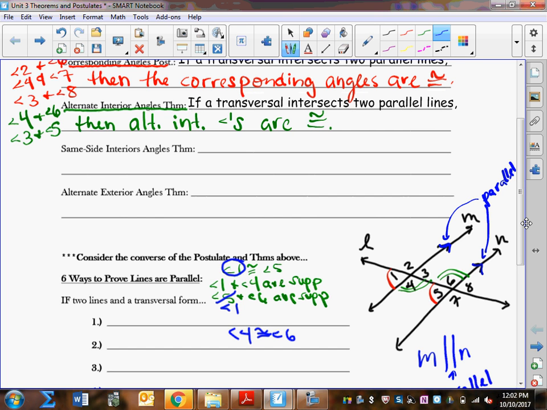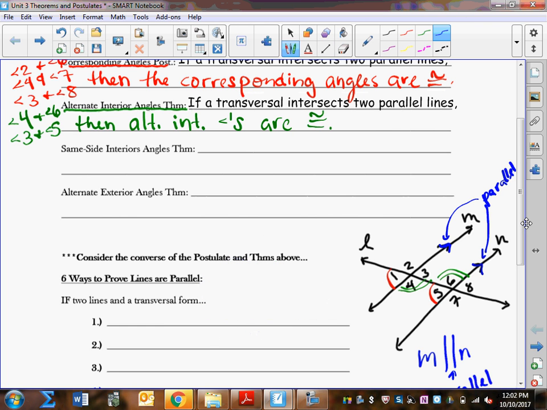So you would have to state this first, and then you need a separate step that says angle 1 and angle 6 are supplementary. And your reasoning for that would be substitution. Does that make sense? So you have to first state them without it, then substitute them. When you substitute, your reasoning will be substitution. All right, other questions with that? Okay.